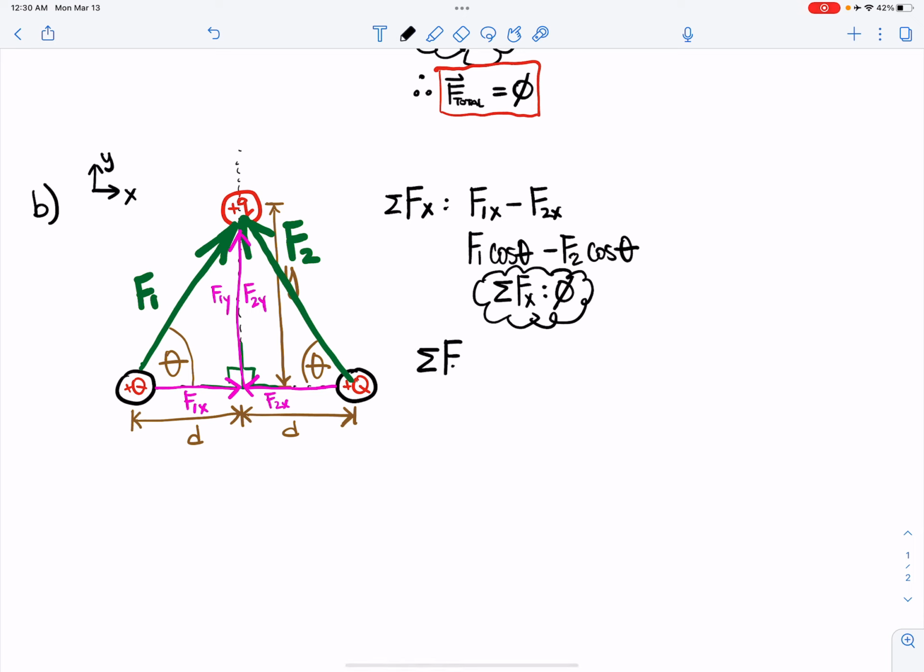And the summation of forces along y is going to be F1 sine theta plus, because this time the y component of F2 is also pointing up towards positive y, so that's plus F2 sine theta, okay?